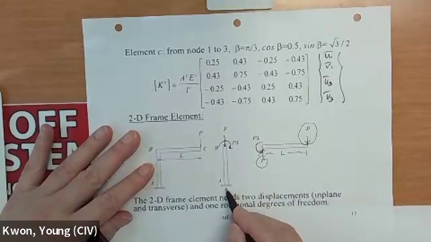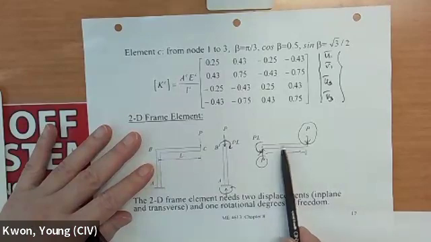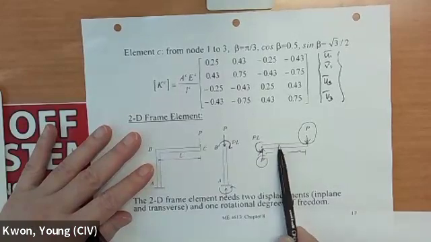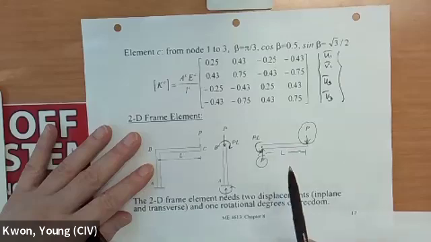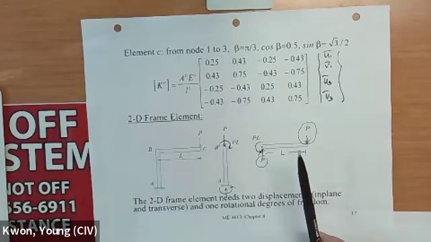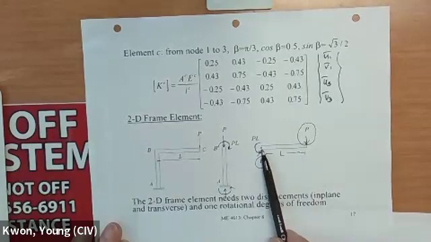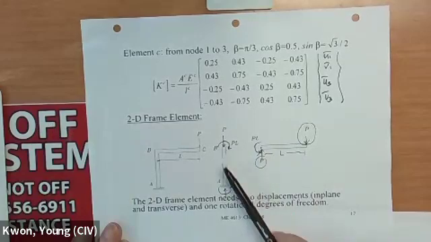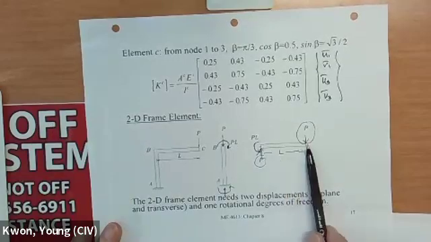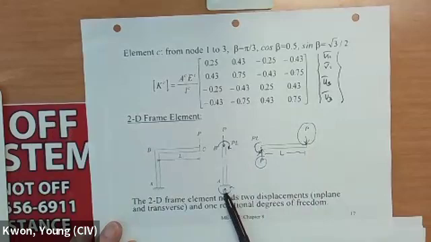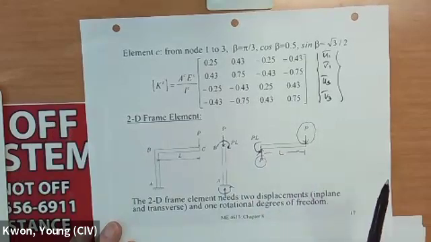But anyhow, if you look at each member, the member is not a two-force member, in other words one with forces applied at only two locations. In this case, you have not only forces, but also moment. So it's not a two-force member. That means the member is going to have a bending action. So this is a frame structure.